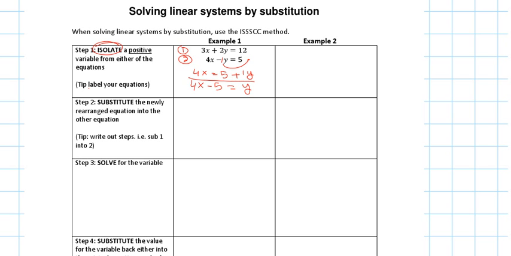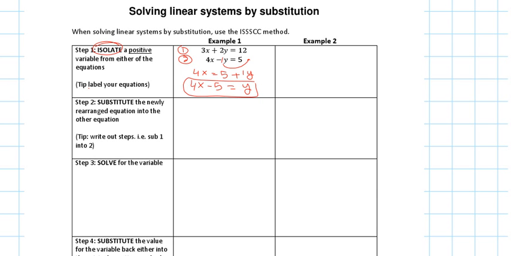Now why did I pick this y? Why did I not pick the first x or the first y? Because they have a number in front of them, and it becomes a little bit tougher. It's doable, but it becomes hard. We would have fractions, and we don't want that.